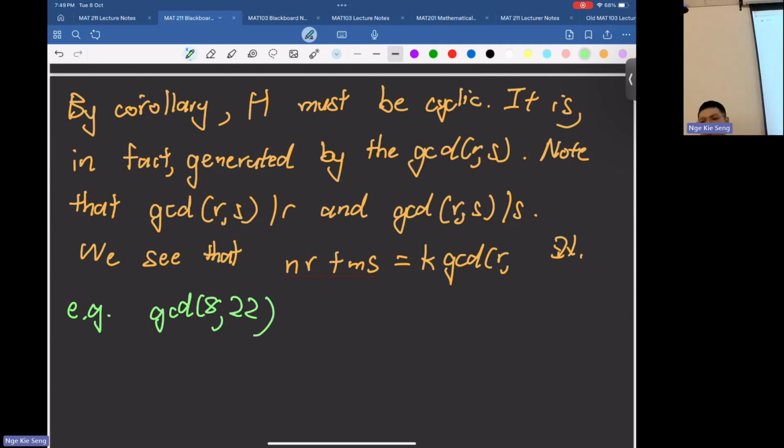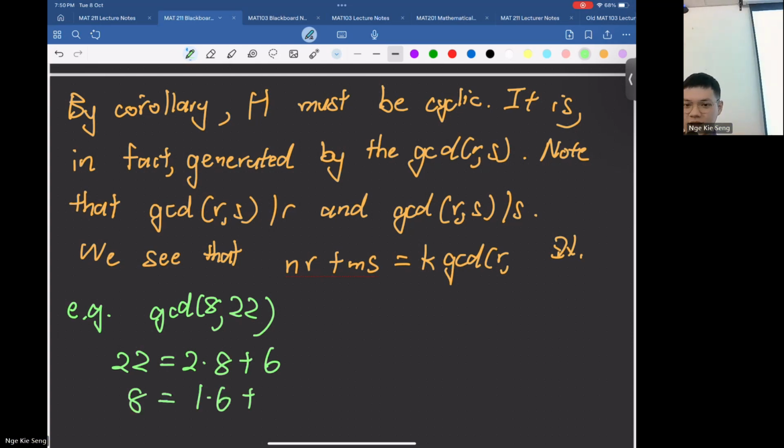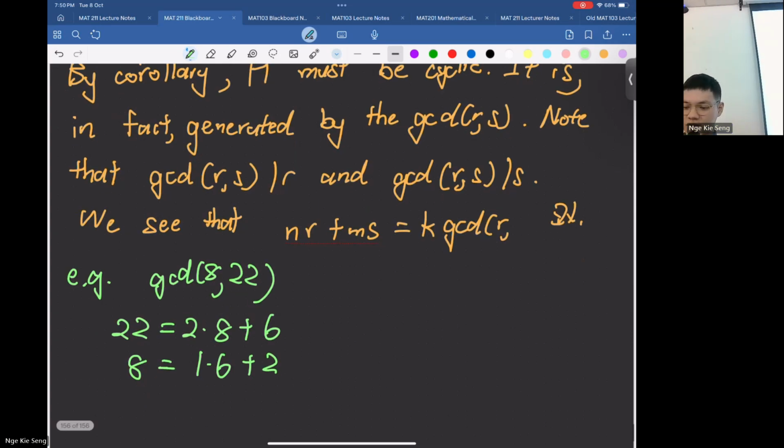You just divide 22 by 8, and then divide 8 by 6, and then 6 by 2, and stop, no remainder.